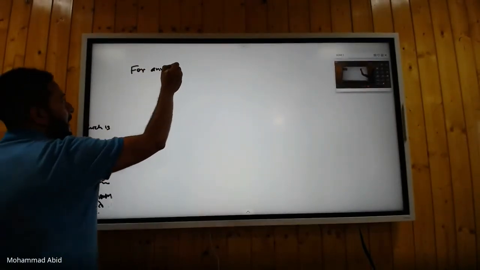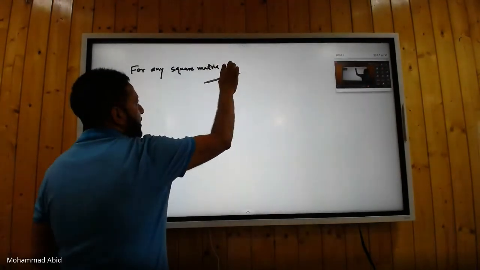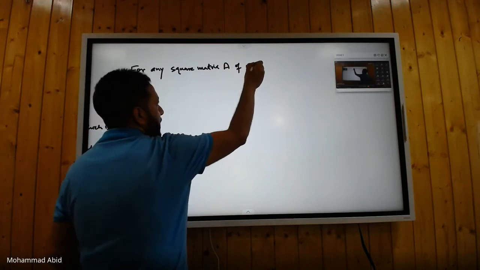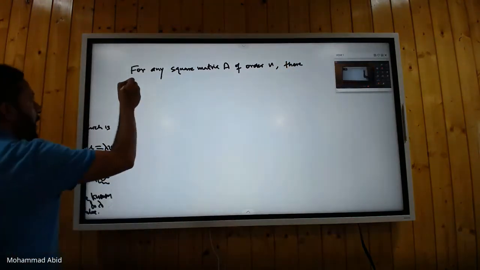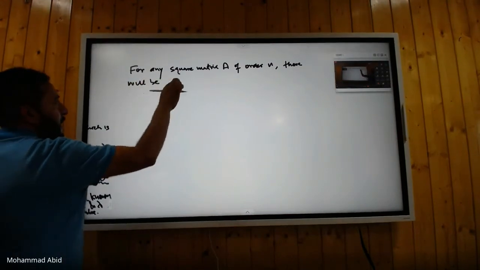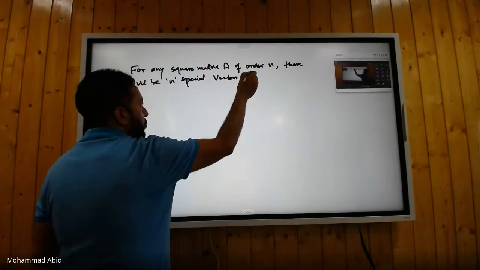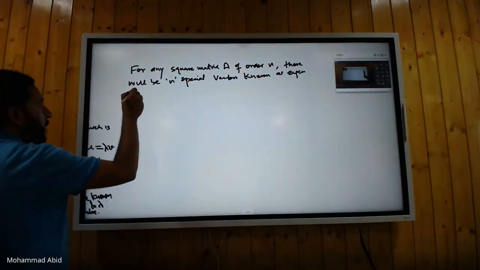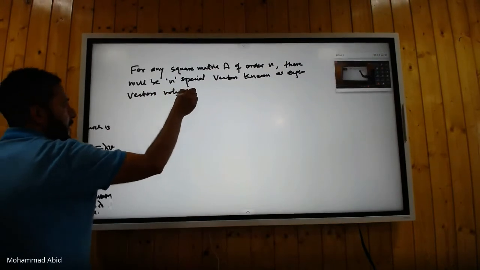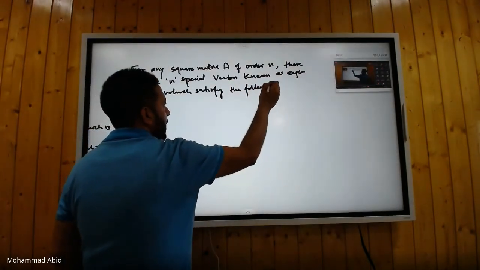So I will sum it up like this. For any square matrix A of order n, which is a square matrix, there will be n special vectors known as eigenvectors which satisfy the following relation.